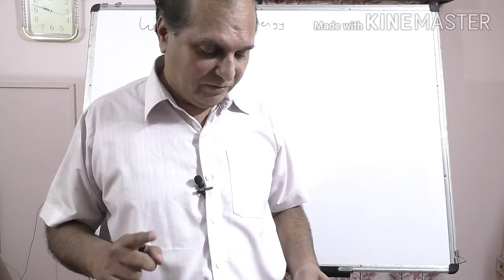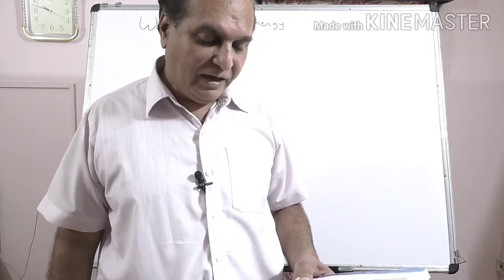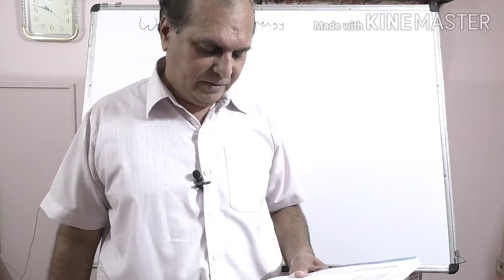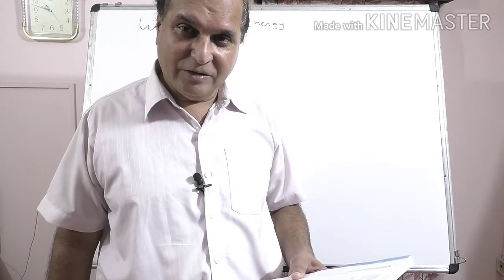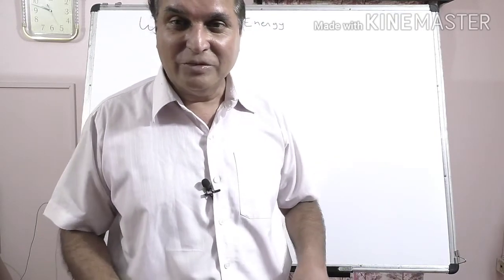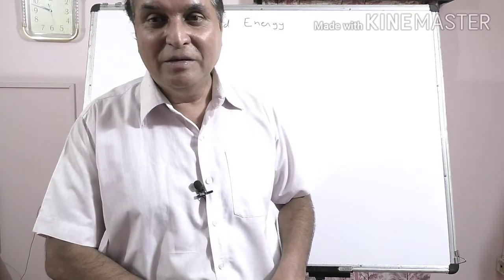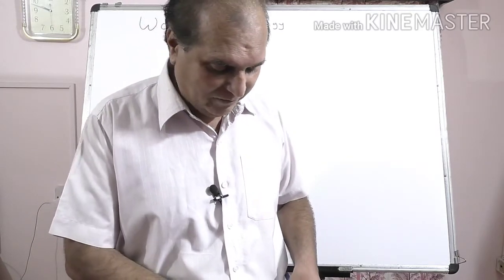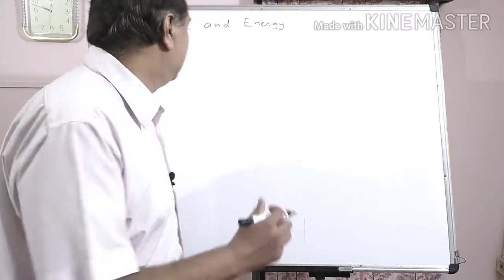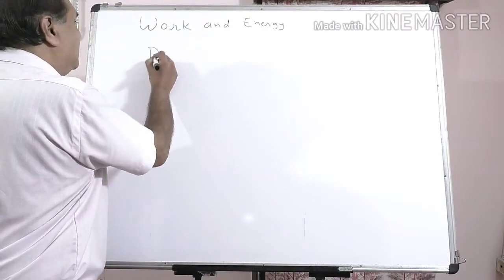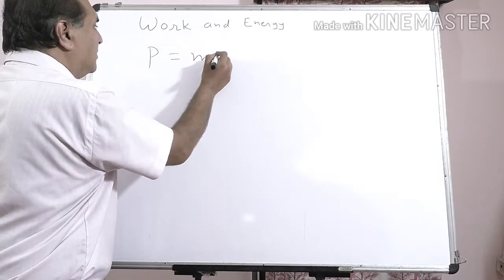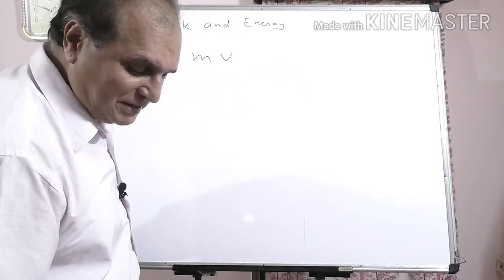Question E, question 1E. If an object has zero momentum, does it have kinetic energy? Okay. Momentum. What is the formula for momentum? P is equal to mv. This you had. Mass cannot be zero.